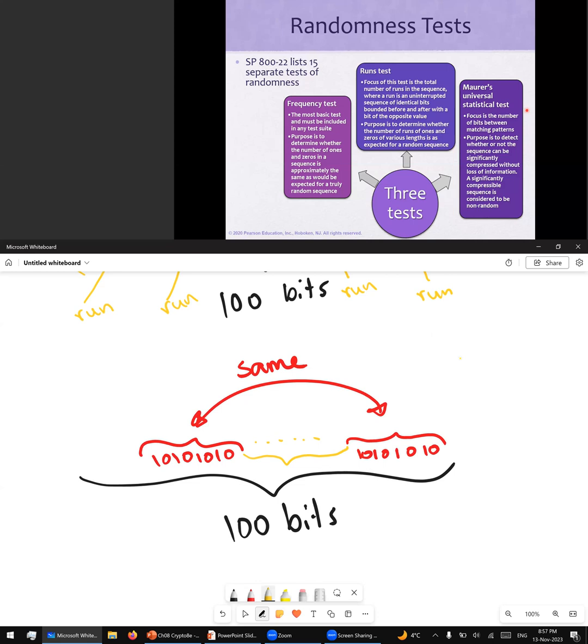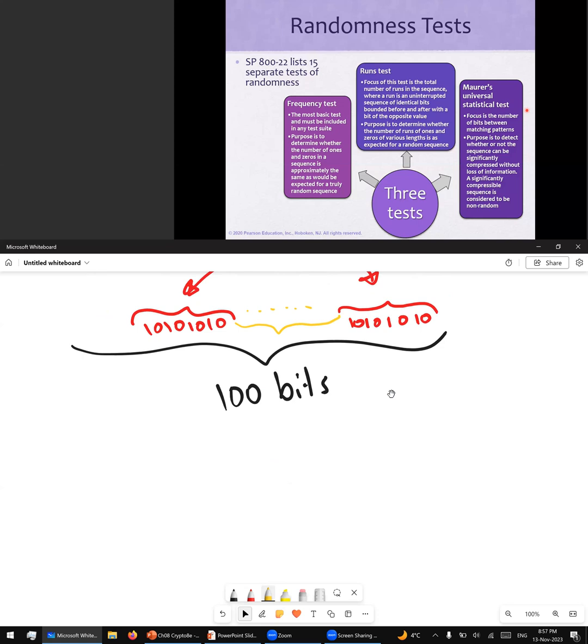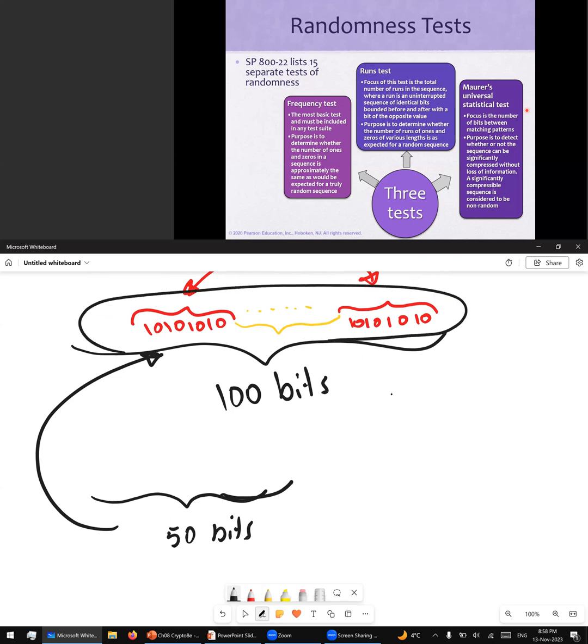In other words, if I can compress these 100 bits with a compression algorithm to only 50 bits, and if I decompress it, I can get the same 100 bits back, then that means there was not much randomness in these 100 bits to begin with.